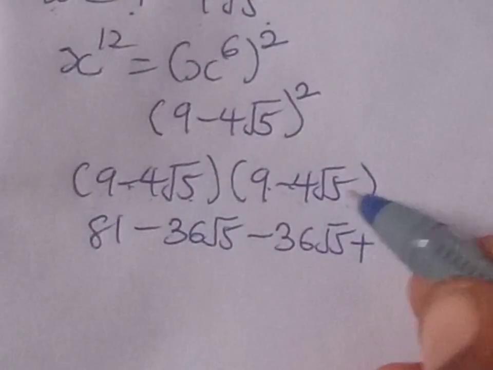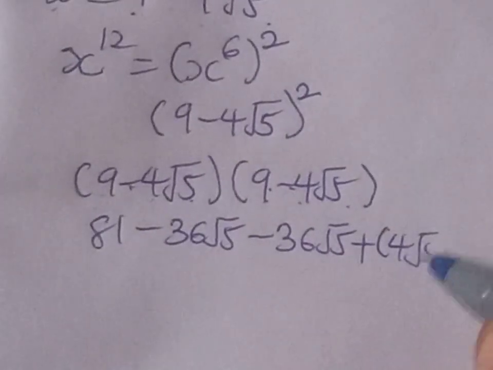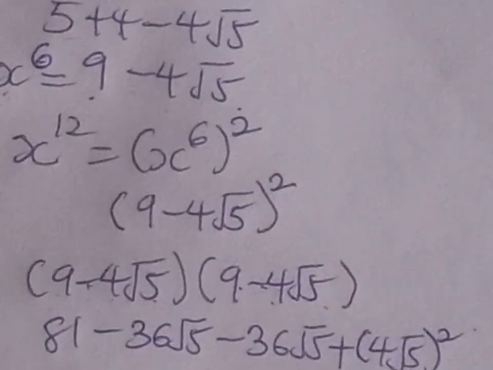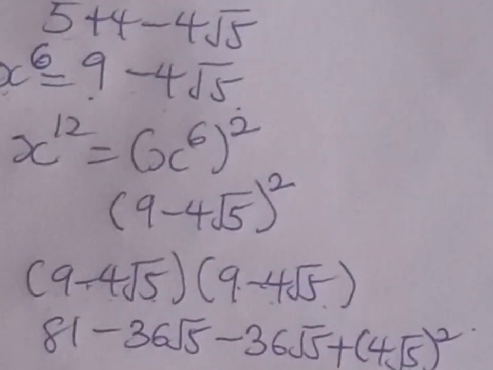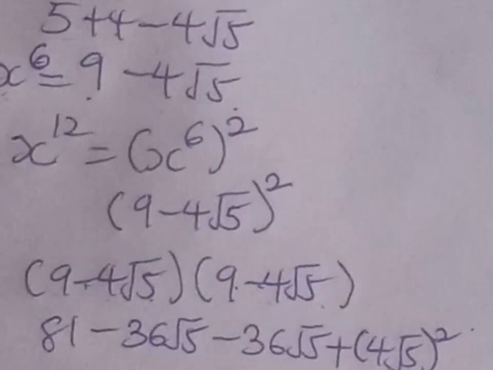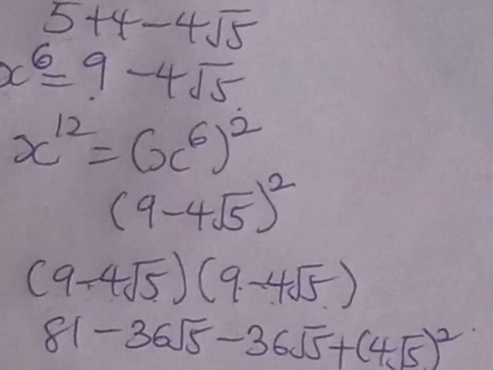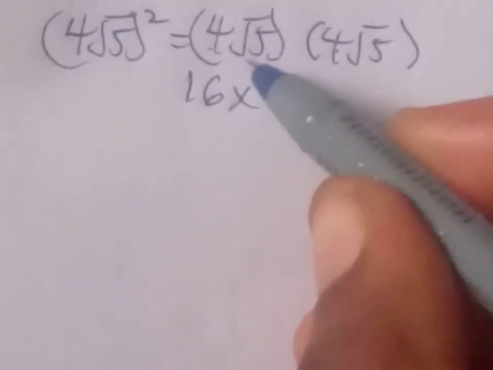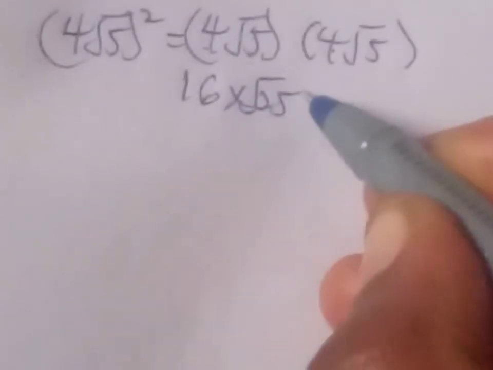4 root 5 times 4 root 5 will give us 4 root 5 square. Let's expand 4 root 5 square. So we have 4 root 5 square equals 4 root 5 multiplied by 4 root 5. 4 times 4 is 16, times root 5 times root 5 will give us root 25.